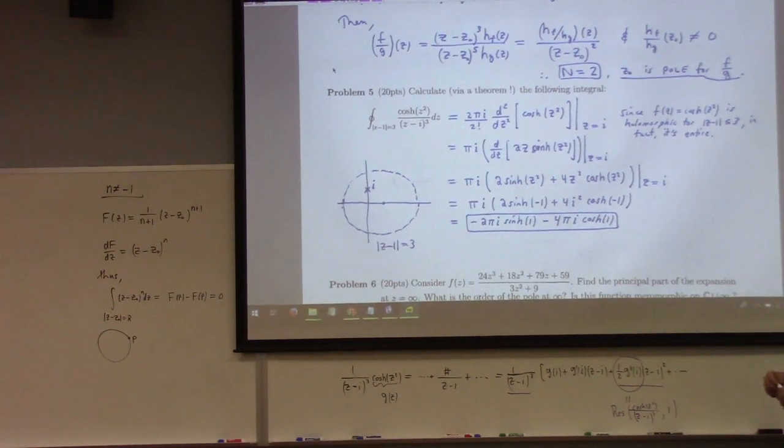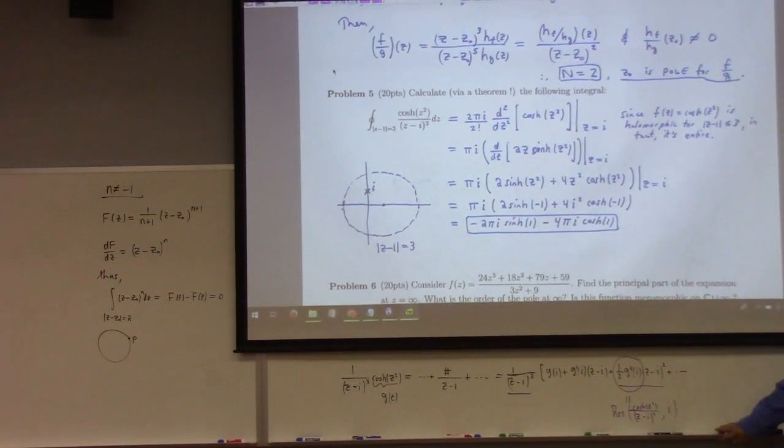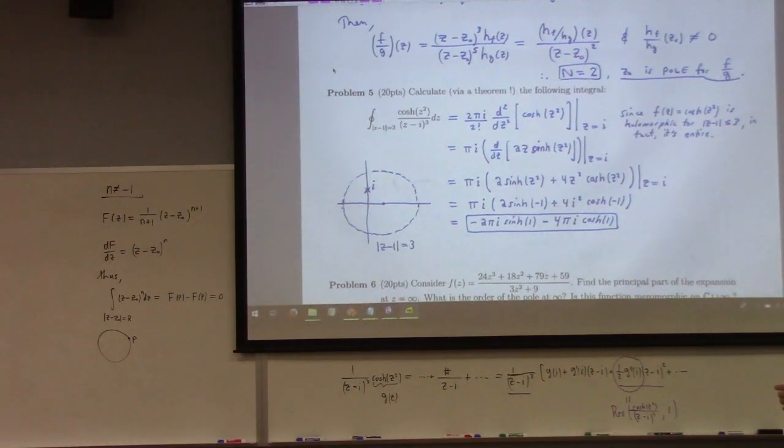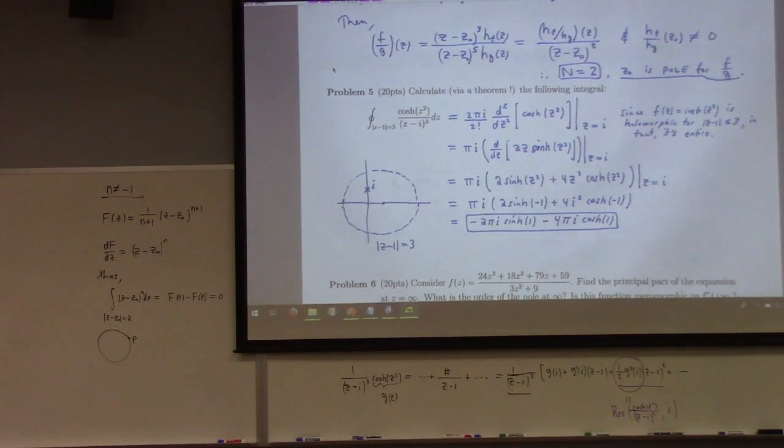But that's exactly what I calculated. That's also what Cauchy's generalized integral formula said, right? It said take the second derivative of the numerator function, plug in i, multiply by 2 pi i over 2 factorial, right?